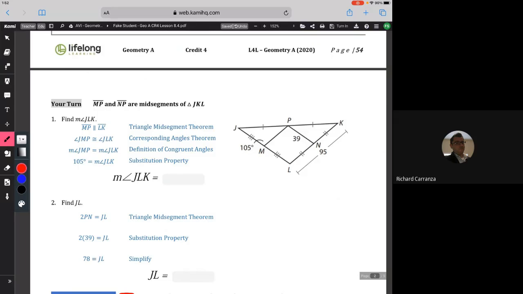In here, for number 1, they're saying find JLK. So J, L, and K. So this angle is going to be the same thing as that angle. So what do you think it's going to be?